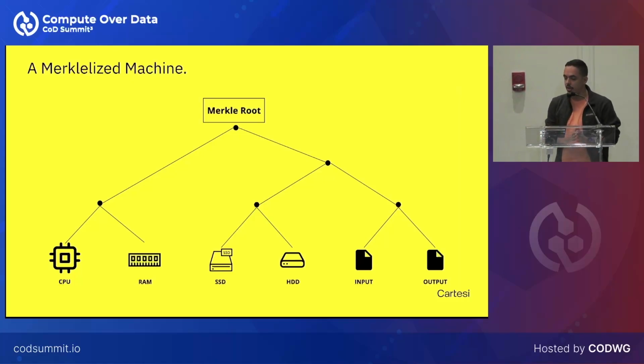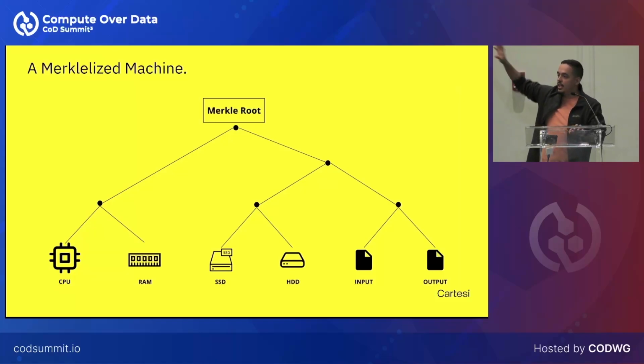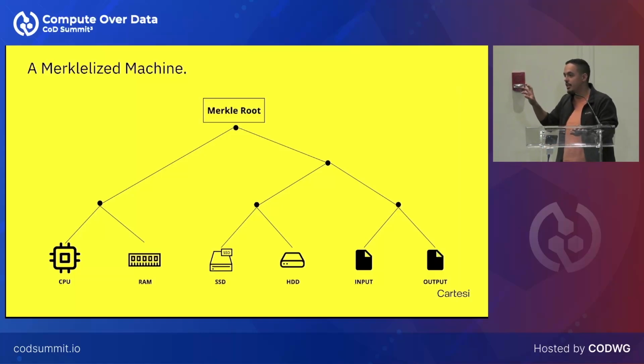As soon as you pass the settlement period, you agree on the state of the machine. From that Merkle root, you can create a Merkle proof about anything inside the machine itself. In this case, the notice is just a piece of data inside of the output drive. So you can collect all the sibling hashes all the way to the Merkle root of the machine, and with that on-chain, you can quickly verify whether or not that information is correct in the sense of generated.